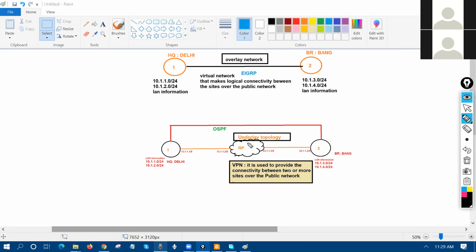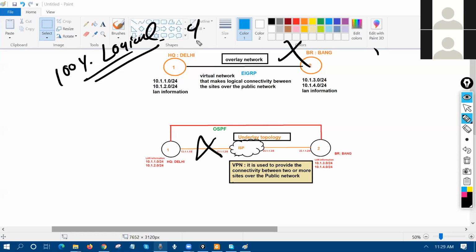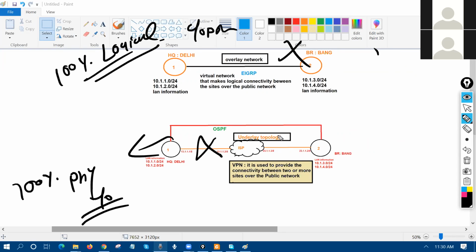Because we need to have this underlay. If the underlay is not working fine, you can never achieve the overlay network. This is my pure logical, 100% logical topology. And this is my pure 100% physical topology. So this is known as the underlay network, and this is known as the overlay network. And this thing we are going to achieve via the VPN.